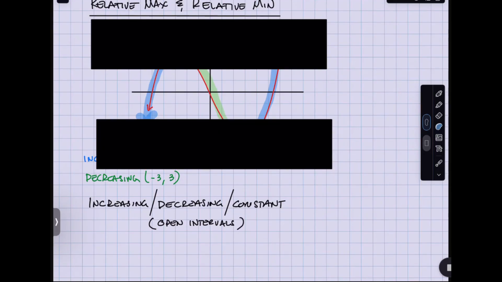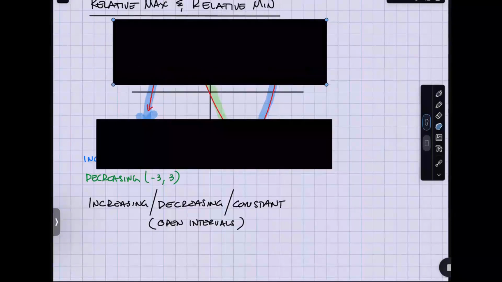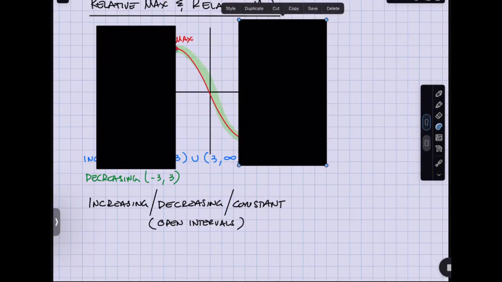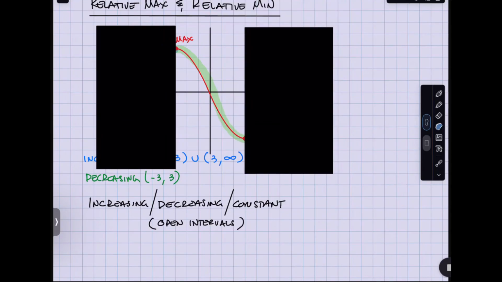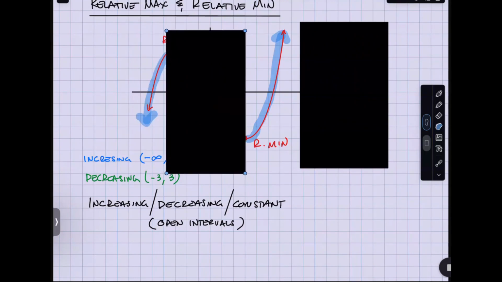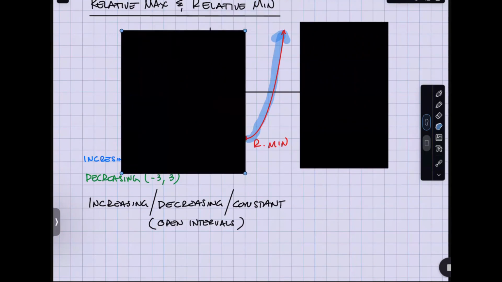But if I close it the other way, the x values, I can block off only seeing the decreasing. Or only seeing the increasing.